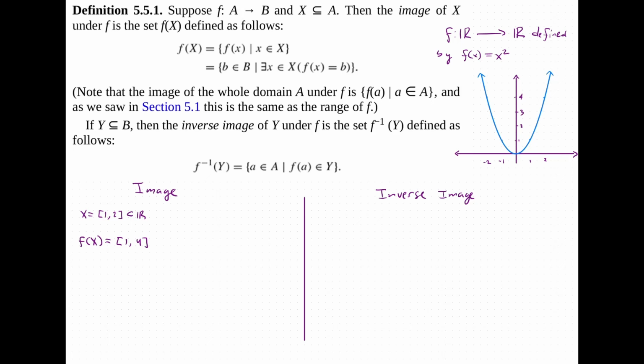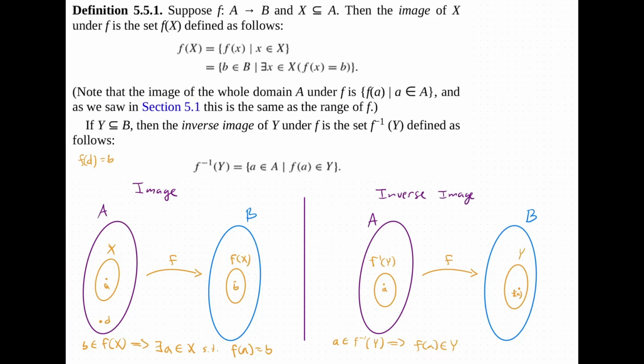But now if we go back to our intuitive diagram that we just considered, I mentioned that just because we have something in f of capital X, which we called lowercase b, that doesn't mean necessarily that every element in f of capital X has only elements in capital X mapping to it. We could also have some d that is not in X. And we see that here.